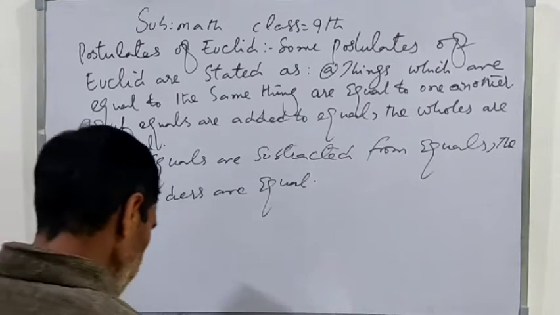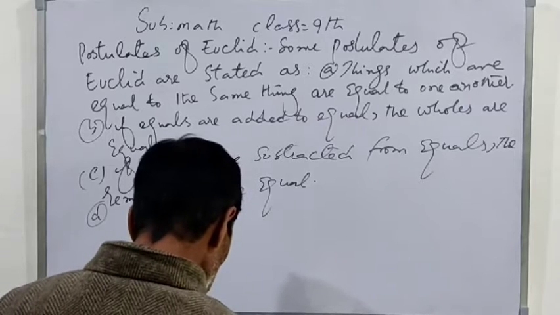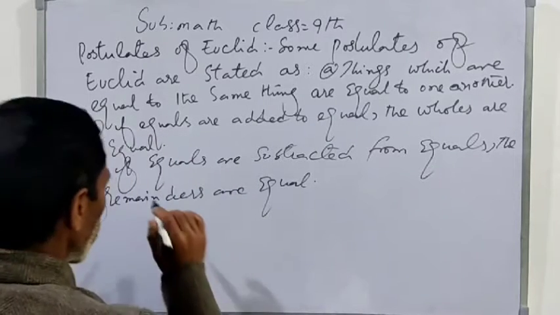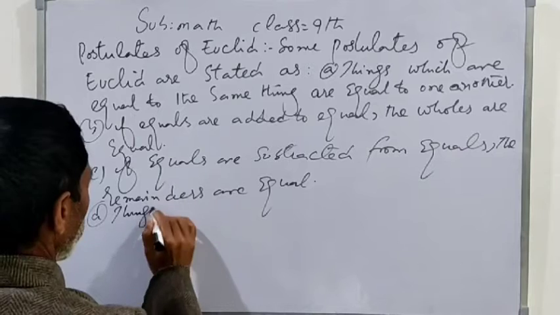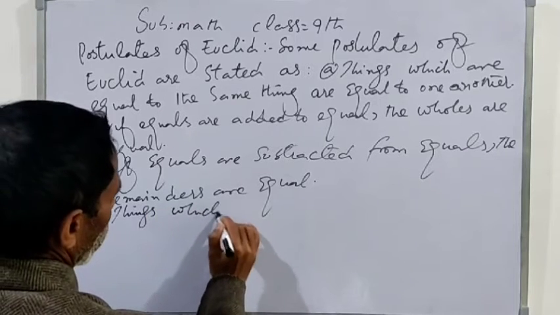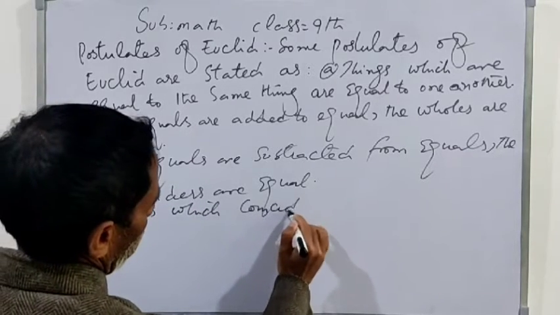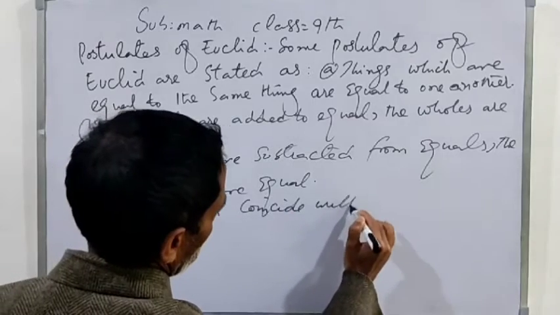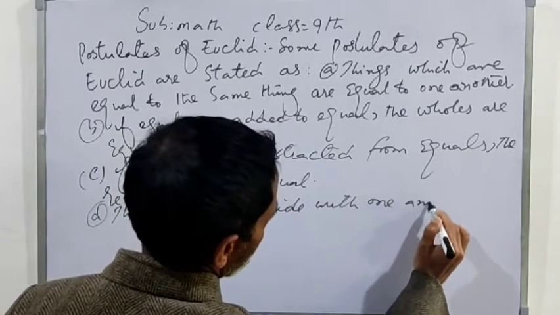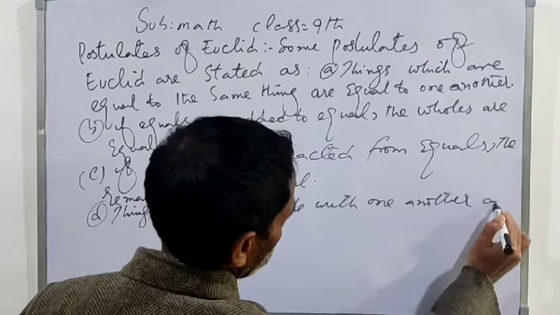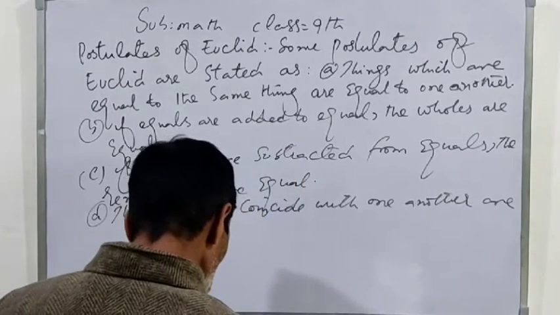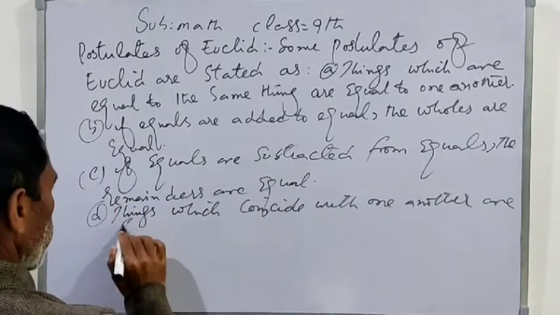Another postulate is things which coincide with one another are equal to one another.